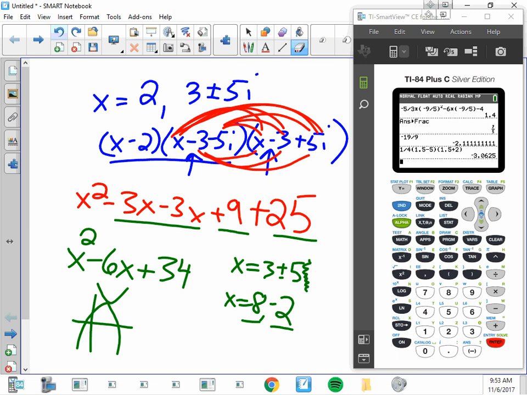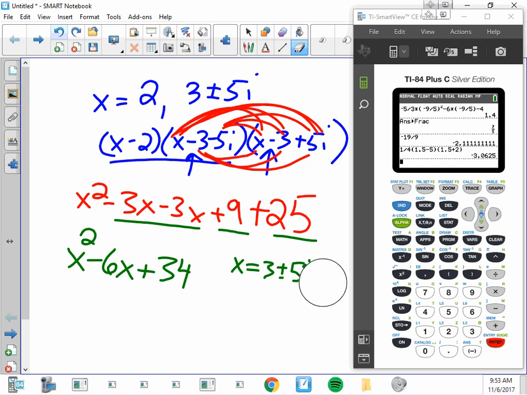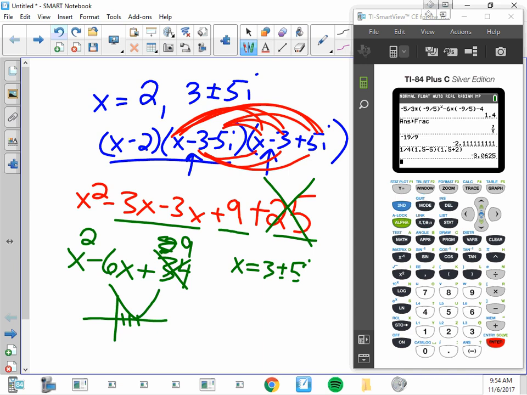Okay. Another thing is, if I were to eliminate this number, then I would get x squared minus 6x plus 9, and that has a duplicate root at x equals 3. So if I change this to a 9, then the parabola would look like this.